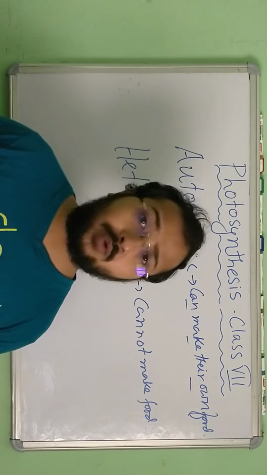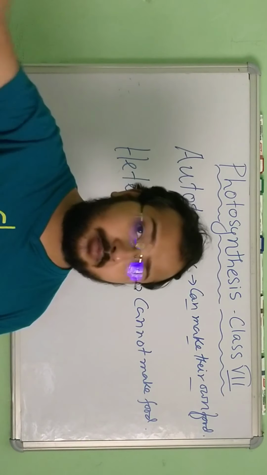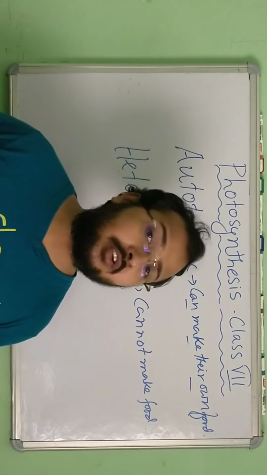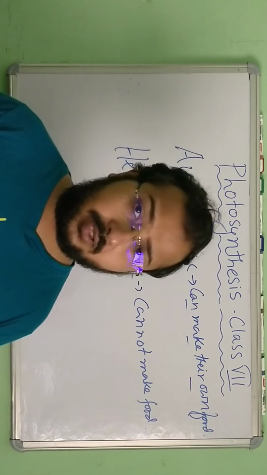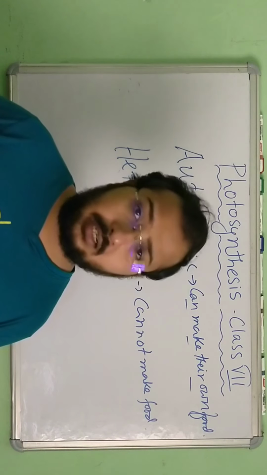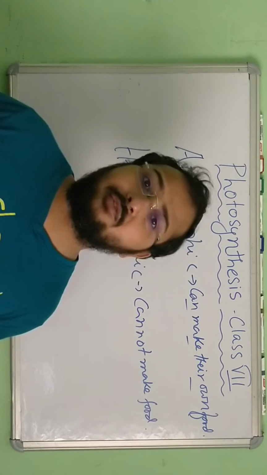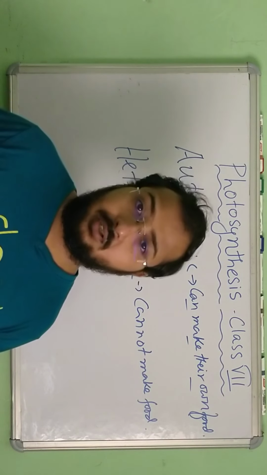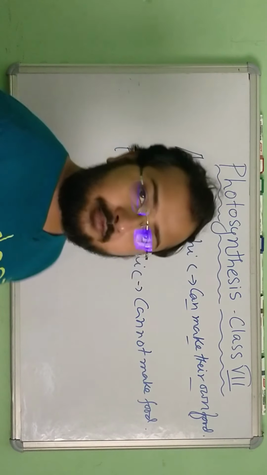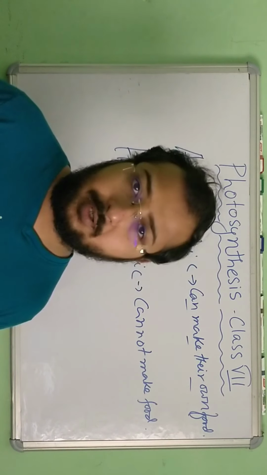So it means that we are depending on the plants and other animals for our food. All the living organisms except plants depend on each other for their food, because they cannot make their food on their own. Understood? The raw materials of the food are made by the plants only.